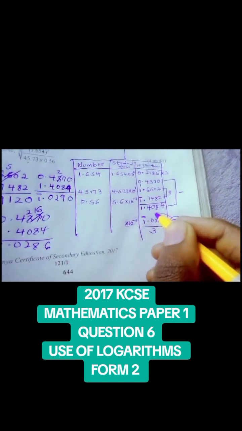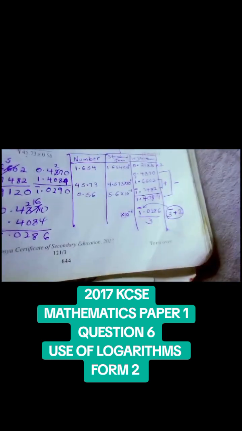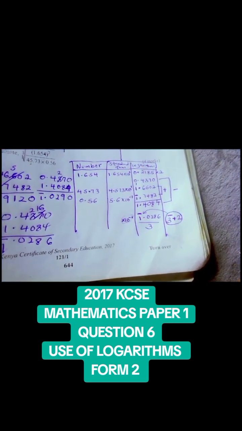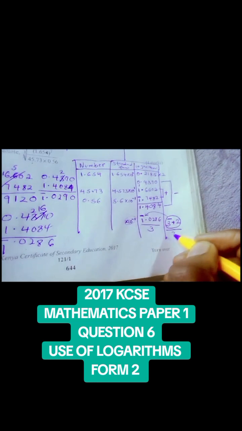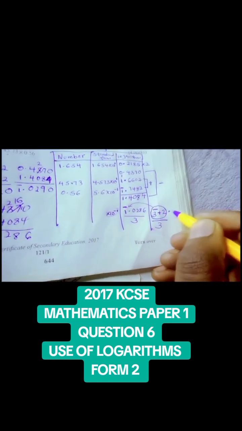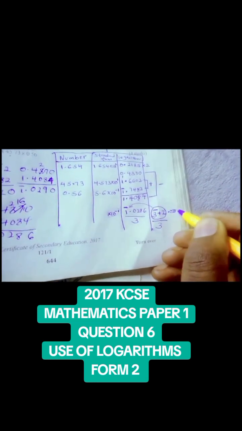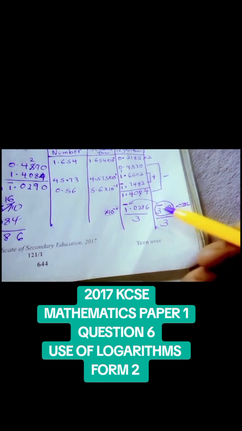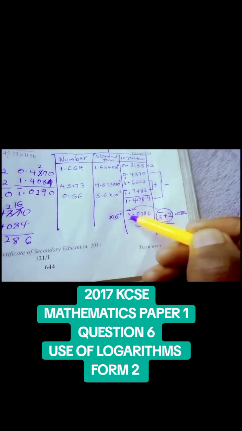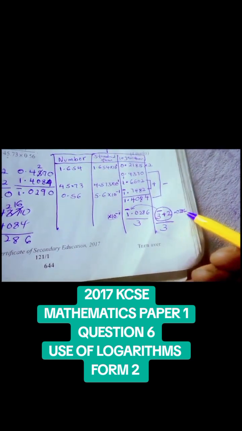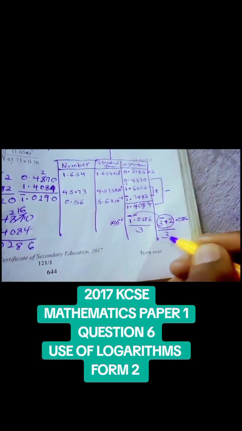Therefore, I'm going to divide that one by 3. This is now how my new equation is going to be. It will be bar 3 plus 2, which is representing negative 1, 0.0286. So, negative 3 divided by 3 is negative 1.